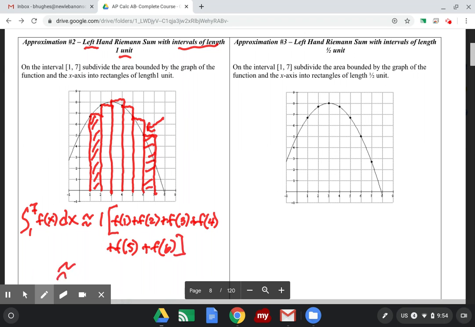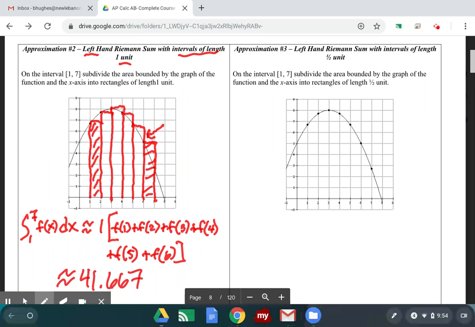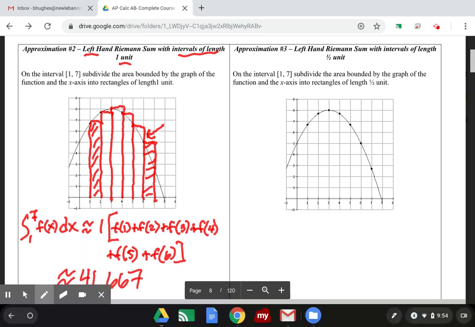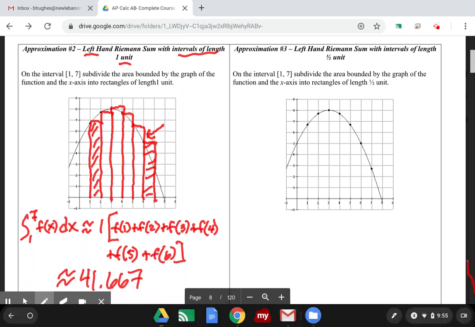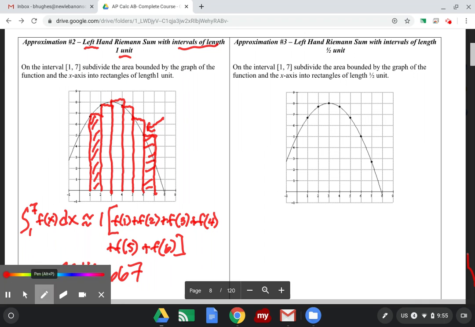So I get the area of this one is approximately 41.667, which is probably a little bit closer to the actual area, because if you look at the rectangles that we're drawing, the area underneath, a little short, a little tiny bit over, a little bit over, a little bit more over. We're getting closer to the actual function value.